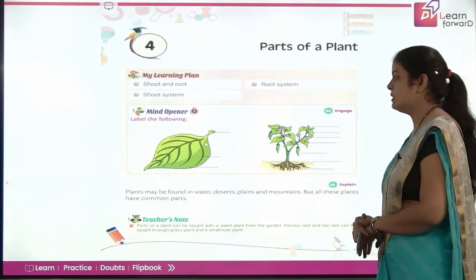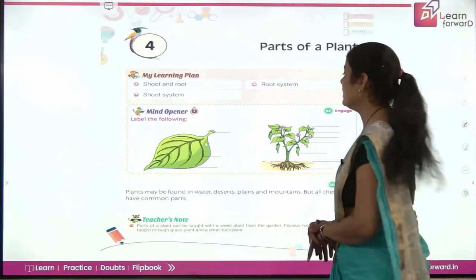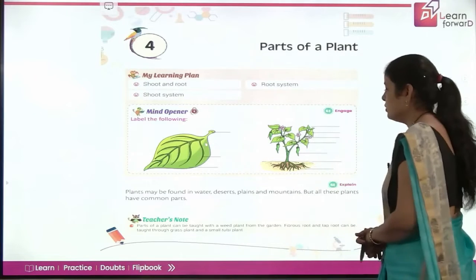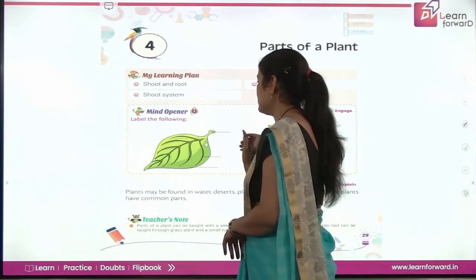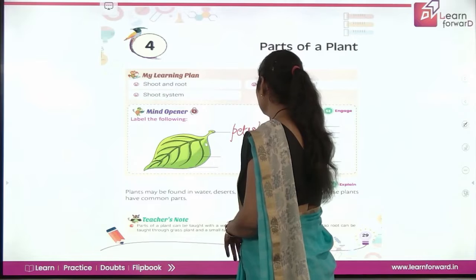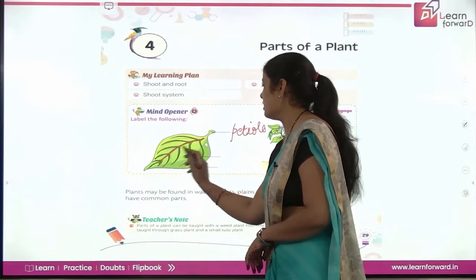You have to label the parts. Although I know that you have not done it yet, I am going to help you. First, you have to name the parts that are labeled. The first one is called petiole.